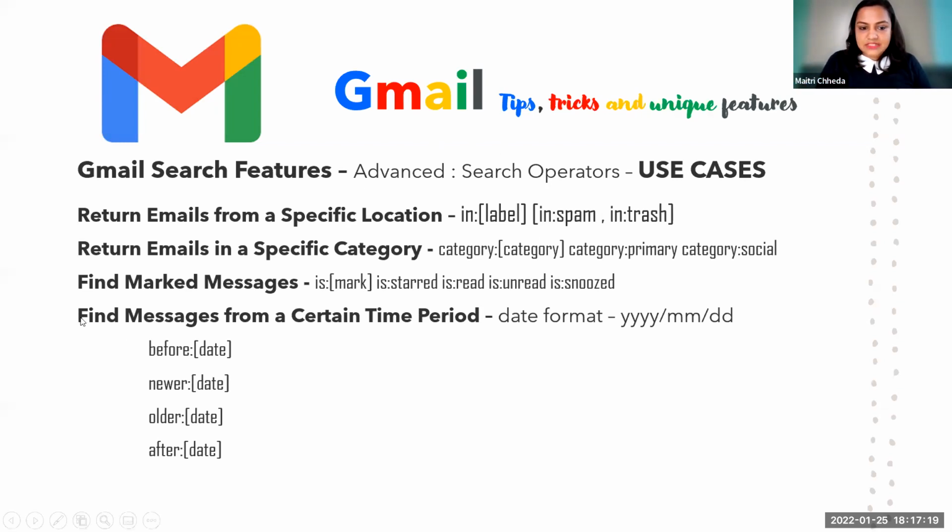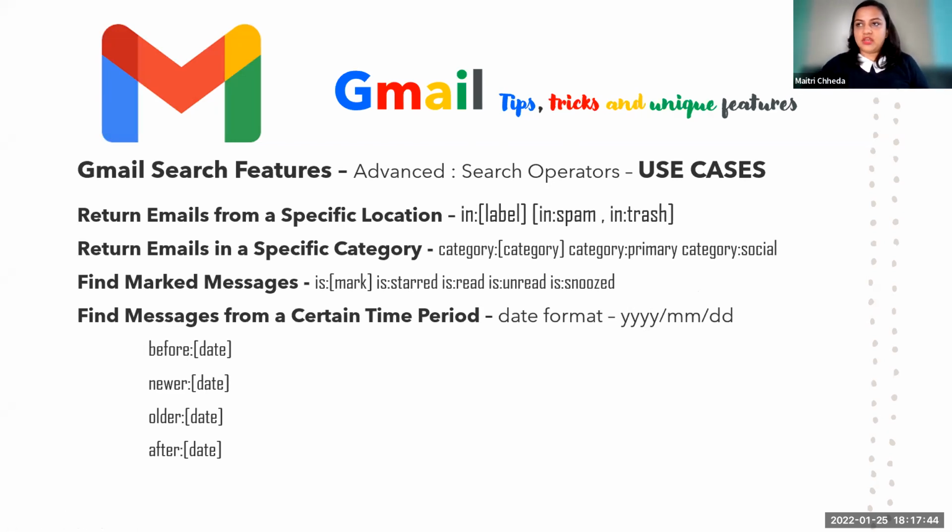Okay, then you have a specific time period. The date format always used by Google is YYYY/MM/DD. So basically you have an option of before a particular date, newer would be after a particular date.